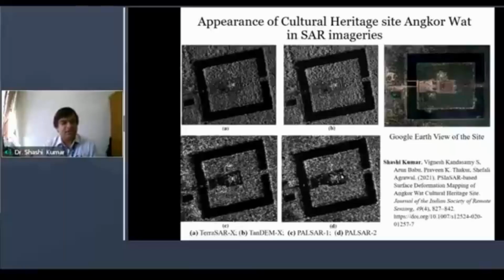This is coming due to the resolution, because here the resolution is very high, approximately 1 to 2 meter, approximately 1 meter. And here the resolution is approximately 5 meter. And in the Google Earth imagery view, the resolution is approximately 0.5 meter, approximately 50 centimeters.